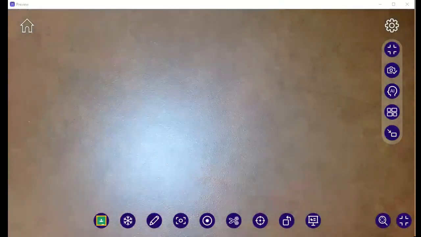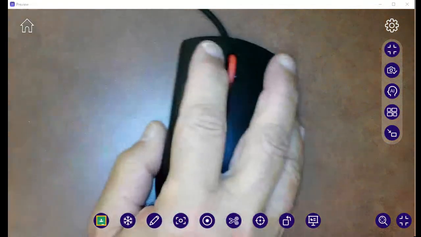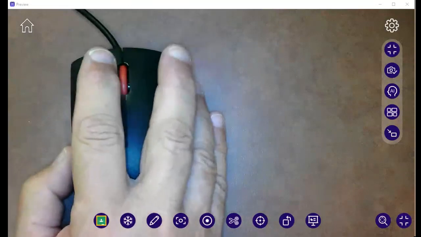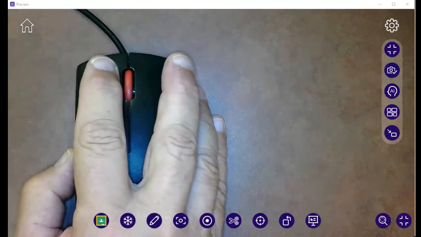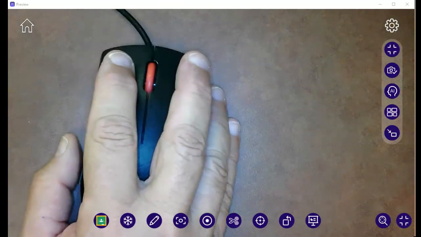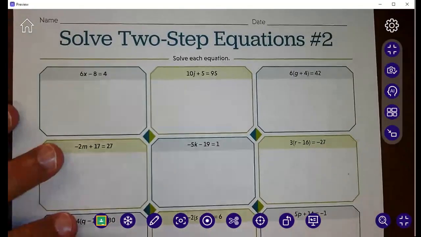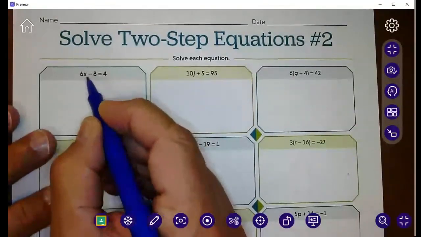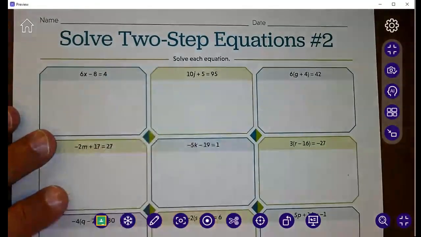Okay, so let me show you your assignment. I'm not going to send it to you yet, but I'm going to let you see it. And I'm going to work the first couple of problems off of it with you. On the first one, we have 6x minus 8 equals 4.